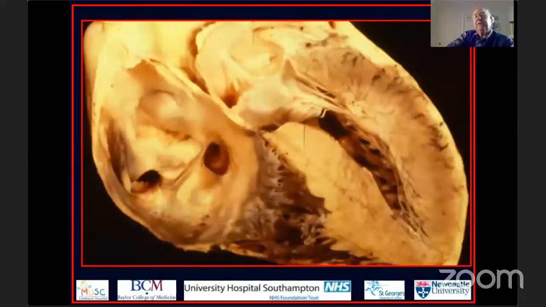Now, when you are doing echocardiography, oftentimes you cut sub-oblique costal cuts. And this is what the tricuspid valve looks like when you take an oblique subcostal cut through the ventricular mass.